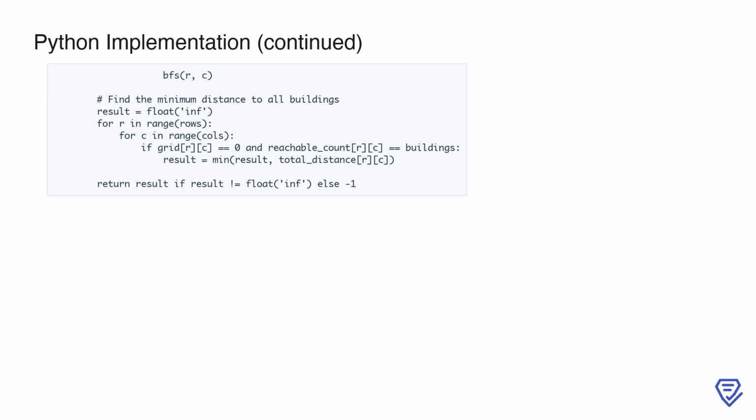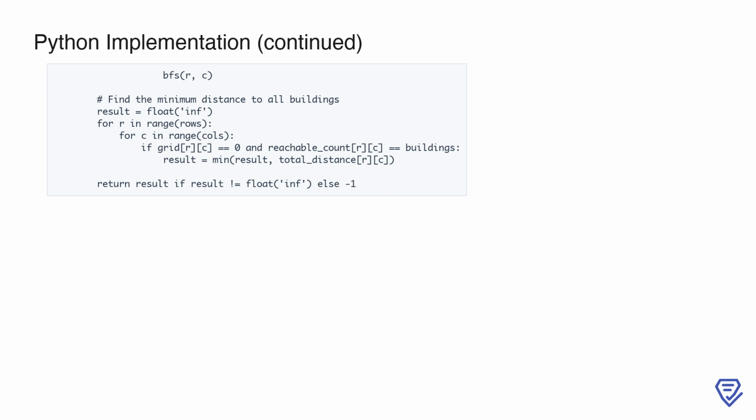In such a case, we update result to be the smaller value between its current value and the distance stored in total_distance for that cell. After processing all cells, we return the result as the final answer. If no empty land cell can reach all buildings, the result remains infinity, and we return -1 instead. This ensures we handle edge cases where it's impossible to find a valid solution.